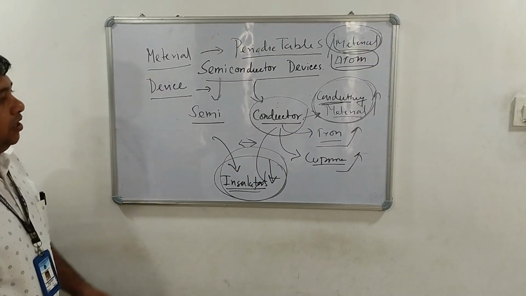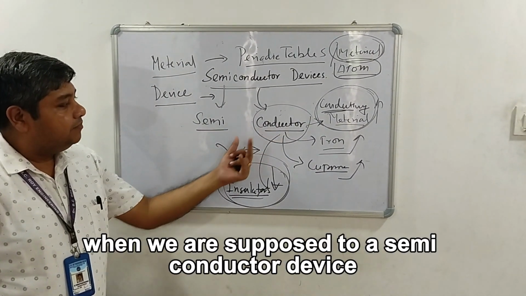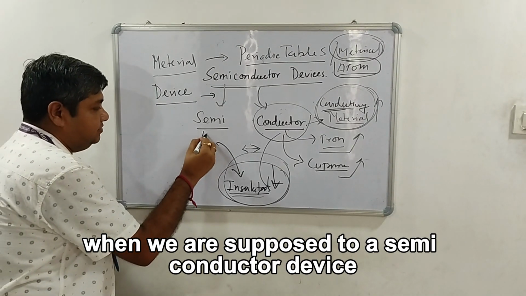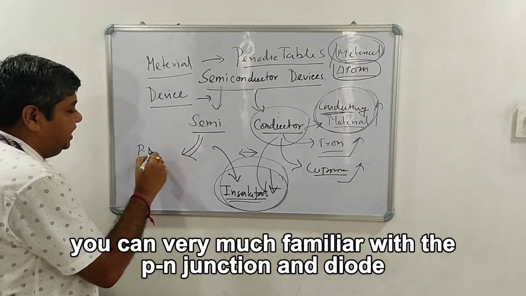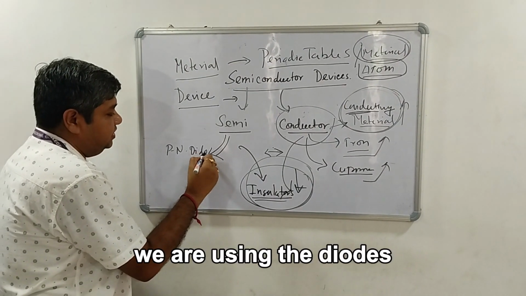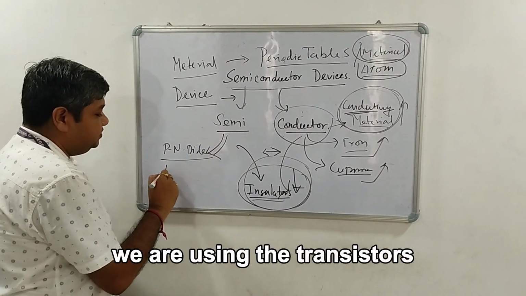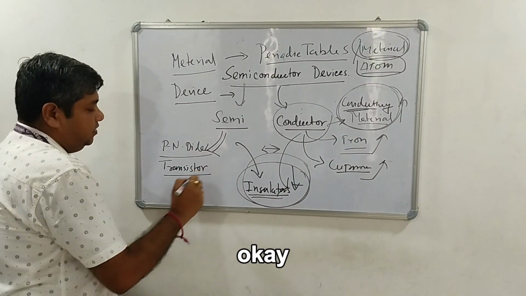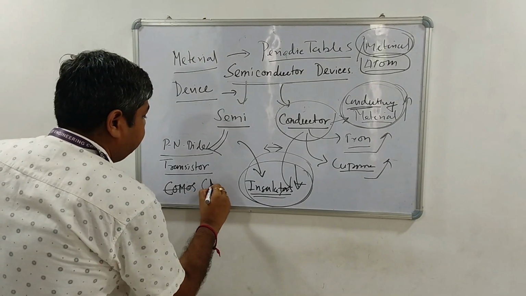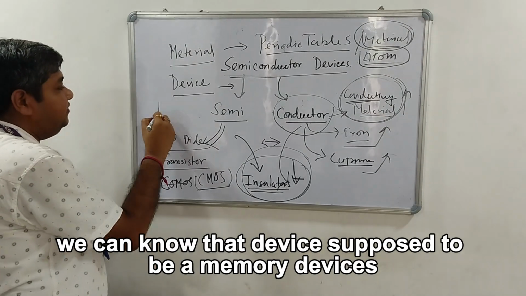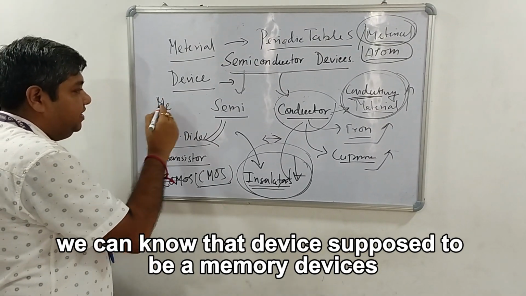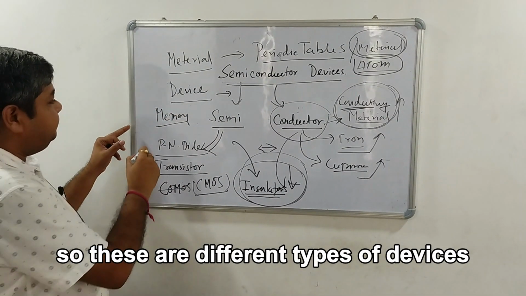Okay, when we are supposed to make a semiconductor device, nowadays you are very much familiar with the PN junction diode. We are using diodes, we are using transistors, then CMOS, and memory devices. So these are different types of devices.